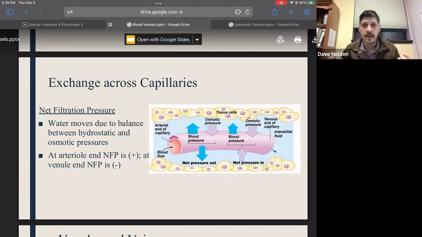If you've got a whole bunch of stuff mixed together, you stick it in a strainer, everything smaller than the hole will filter out, and everything larger than the hole stays in the strainer. When we're looking at filtration, we have to pay attention to the pressure within the vessel. If the pressure is greater, then your net filtration is everything being pushed out of the vessel. High pressure pushes things out.